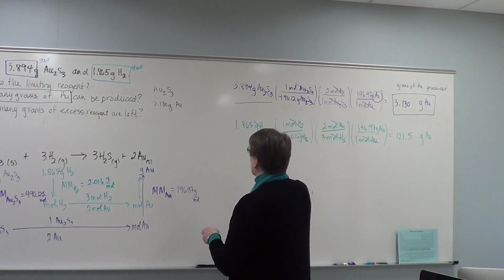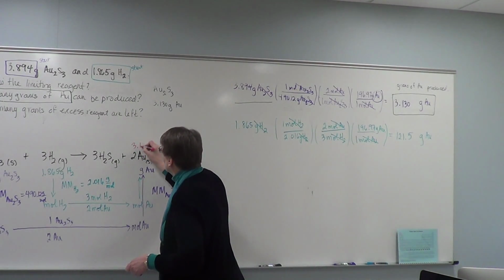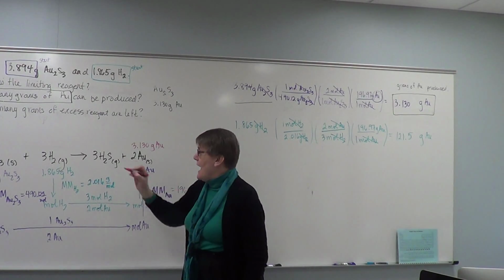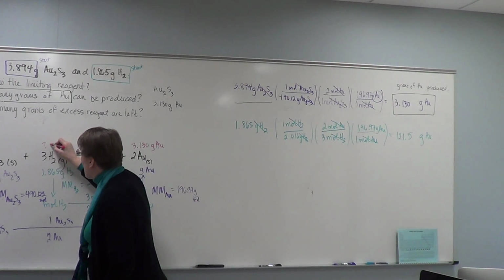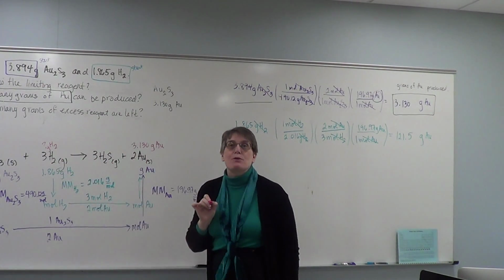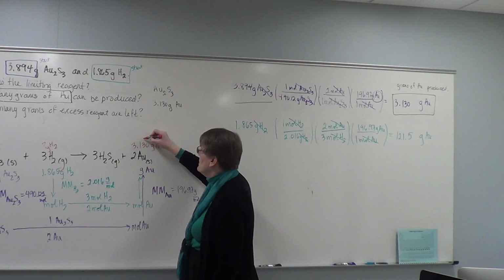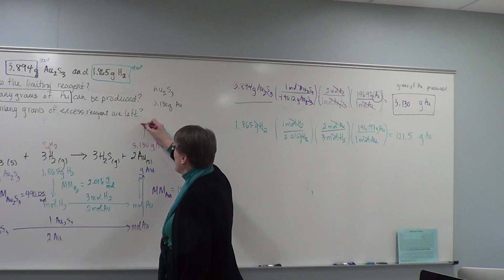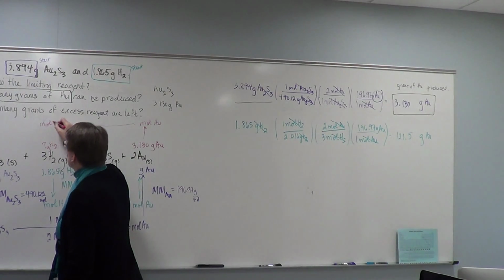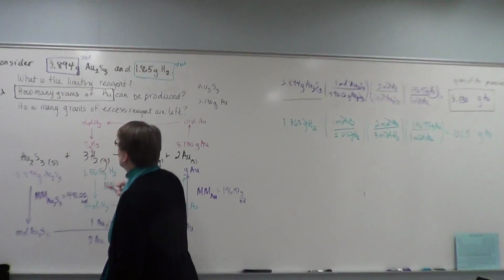So we're going to start with this many grams of gold, and we want to know how many grams of hydrogen it takes to produce that many grams of gold. So we do our usual grams to moles, moles to moles, moles to grams.